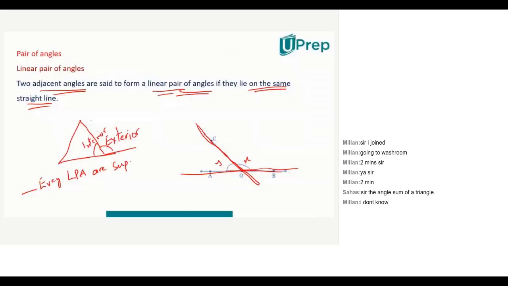Okay, now listen to me carefully. I'm writing two statements on the board. Every linear pair of angles are supplementary. And the second statement is: every supplementary pair of angles are linear pair angles.